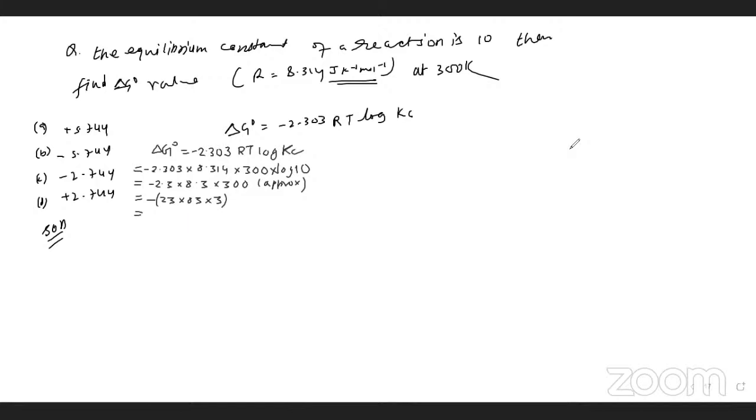Twenty-three into 82. Done. Okay, this is correct.